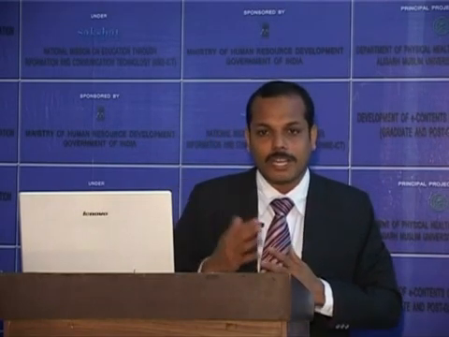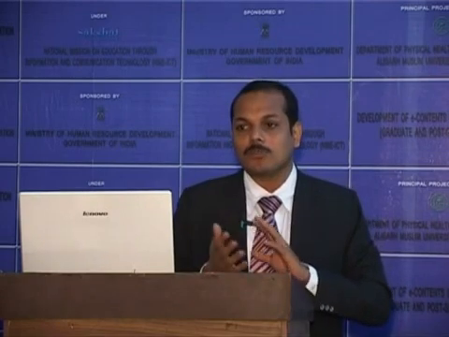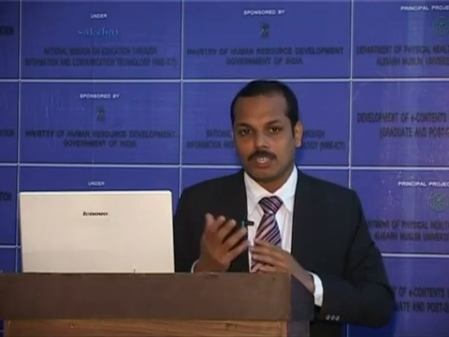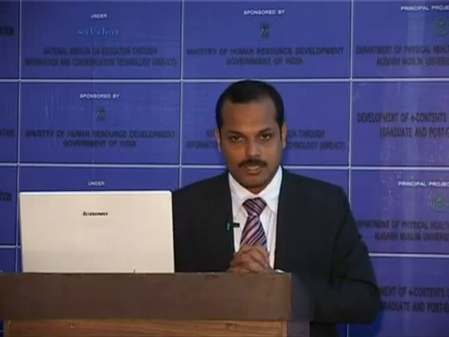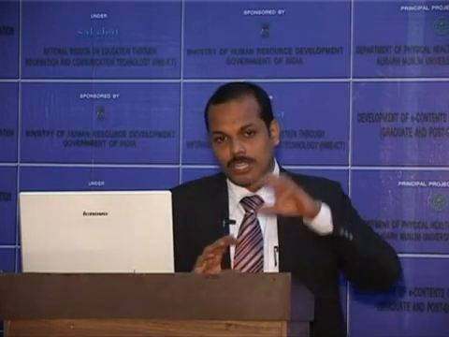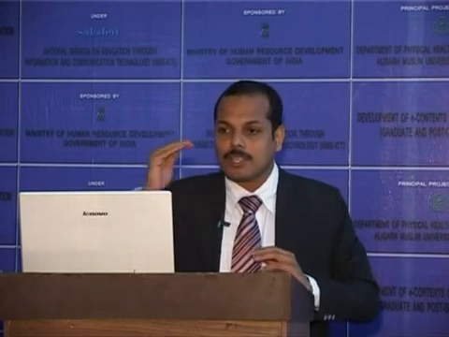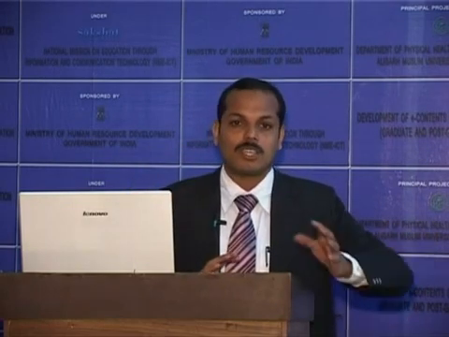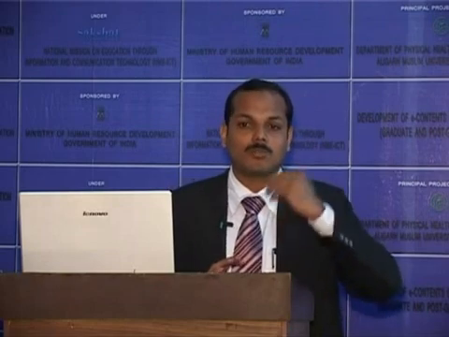Now we will go through the kinematics, the different movements in the knee joint, and kinematics again can be classified into two categories. The first one is arthrokinematics and the second one is osteokinematics. Arthrokinematics means what is happening inside the joint, and osteokinematics means once we are seeing the same movement outside the joint.